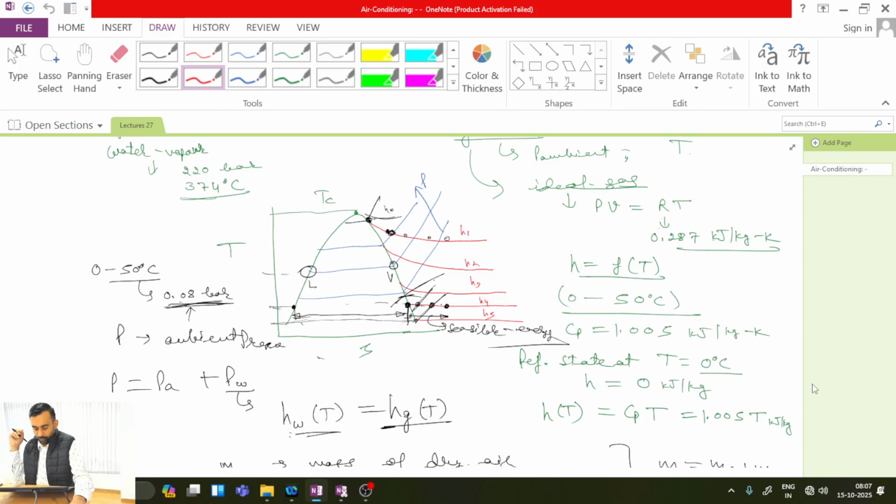On the other hand, for water vapor, the critical temperature is 374 degrees Celsius. Our 0 to 50 degrees Celsius is very small in comparison to the critical temperature. It means we do not have a high temperature condition. If we follow the constant enthalpy lines in the superheated region, we find that at higher pressures, enthalpy becomes a function of both pressure and temperature.